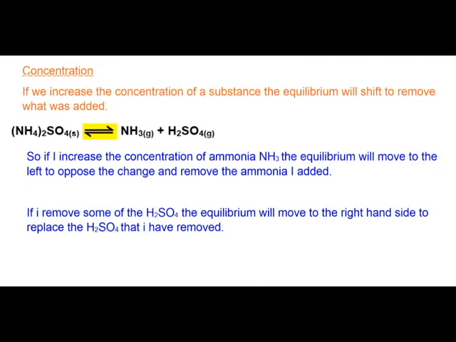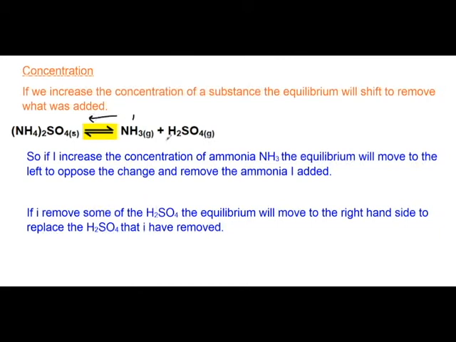Right, concentration is the first thing I'm going to deal with. If I increase the concentration of a substance, then the equilibrium will shift in such a way as to remove what I have added. So let's look at this example here, which is an equilibrium you've probably never seen in your life, but the principle is pretty simple. If I increase the concentration of this, which is ammonia, then because I've put more of this in, the equilibrium will attempt to remove it by moving to the opposite side, so it'll go to the left hand side.